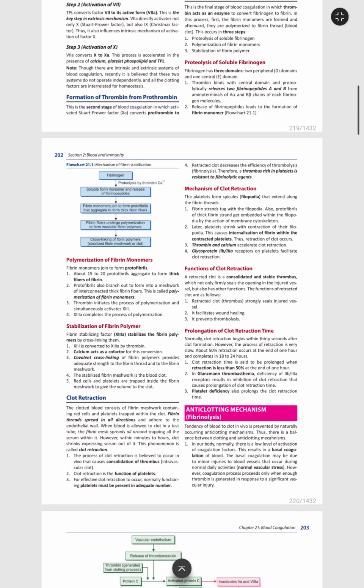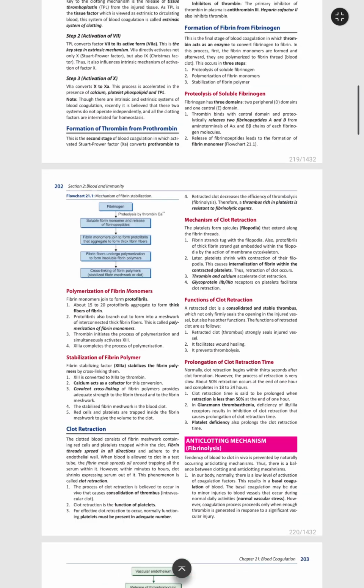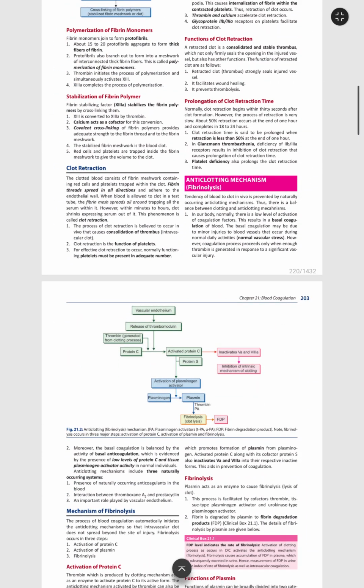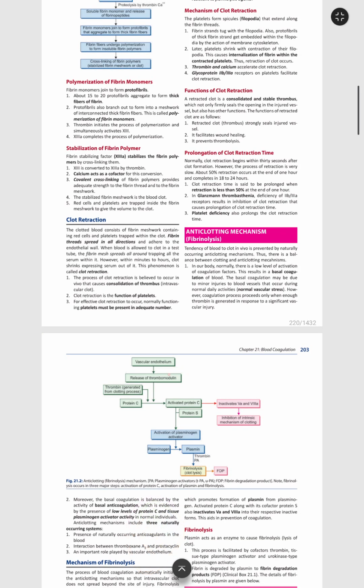Then there is fibrinolysis, thrombomodulin. Thrombin basically does both coagulation and anticoagulation. So here we need to remember thrombomodulin, protein C, protein S, and that's it.